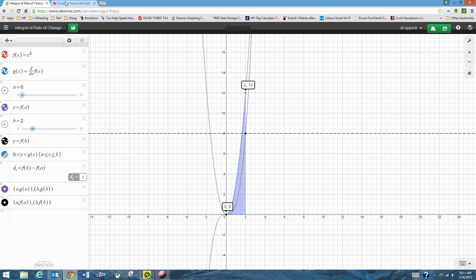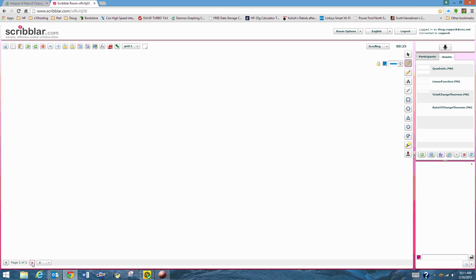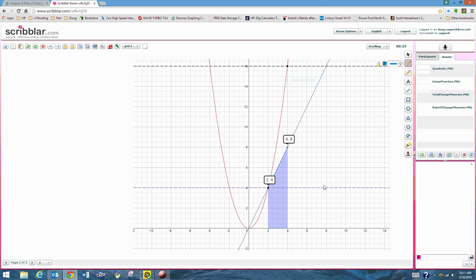Let's go back to page 2 here on the whiteboard. Here is y equals x squared. The blue line is the rate of change function, just to summarize.